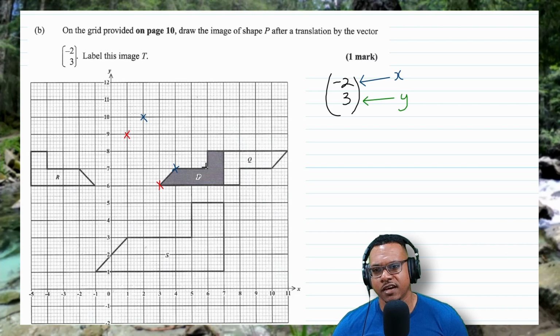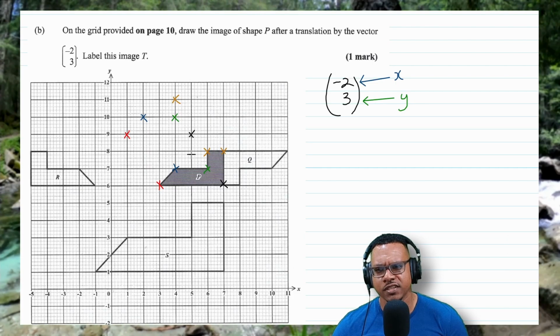Then we can take this point in here. 2 units to the left, 1, 2, and 3 units upwards, 1, 2, 3. That's here. Then we can take this point here, 1, 2 to the left, and 3 upwards, 1, 2, 3. So that's here. Then I'll take this point here and go 1, 2 to the left, and 3 upwards, 1, 2, 3. So that's here. I'll put this last point in brown because I ran out of colors.